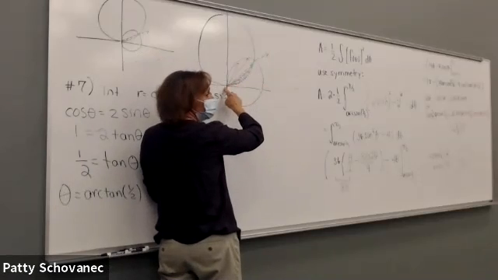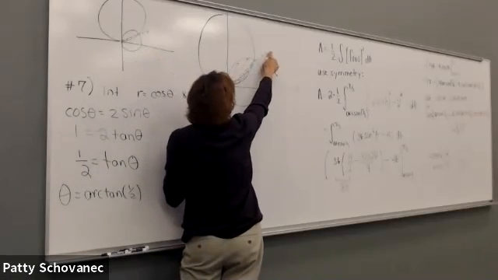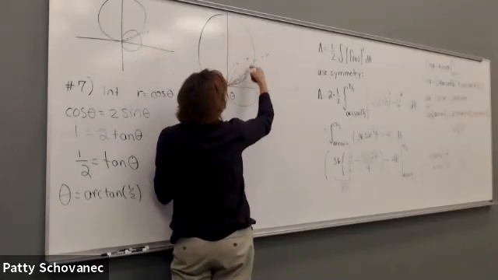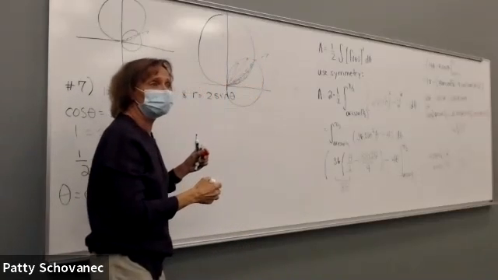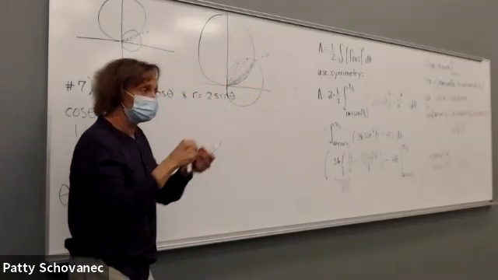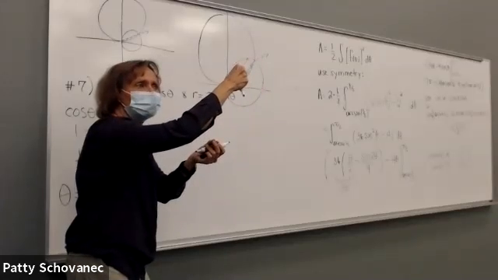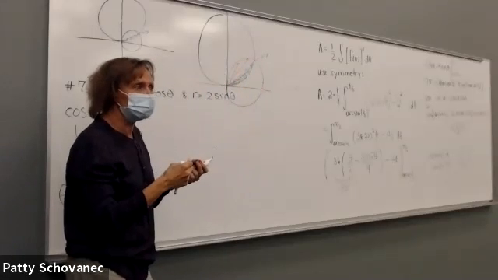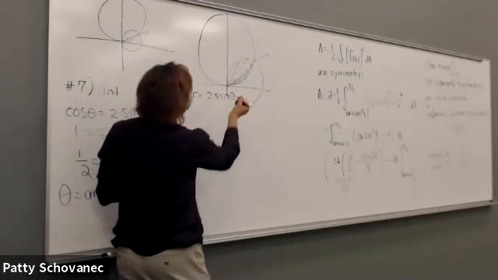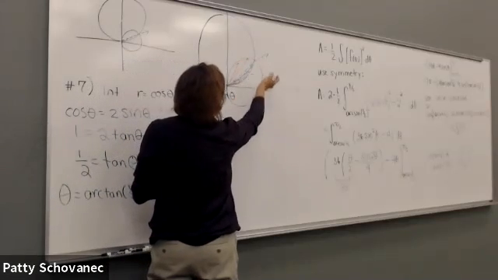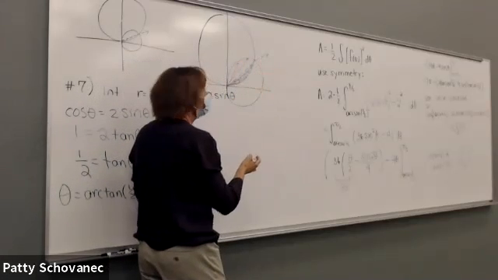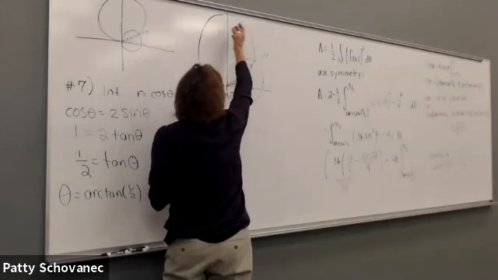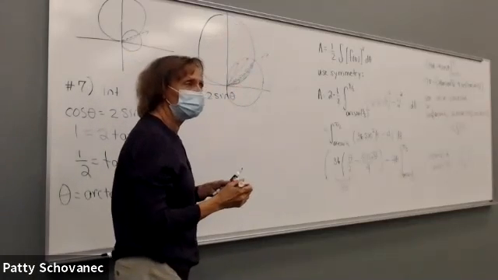Cosine of pi over 2 is 0. So from the arctangent of 1/2 to pi over 2, I find the area of the upper region. So it's not radially simple. We've got to do 2 integrals. So I've got to do an integral between 0 and the arctangent of 1/2, and then from the arctangent of 1/2 to pi over 2, a different integral.